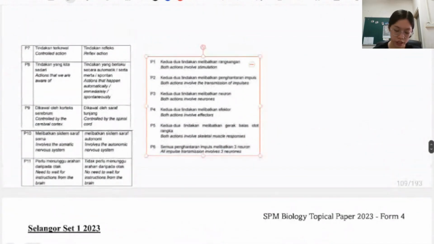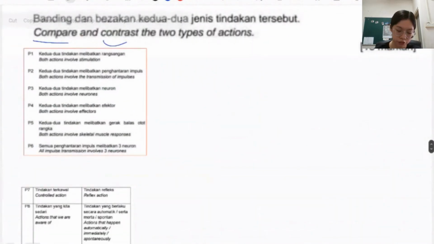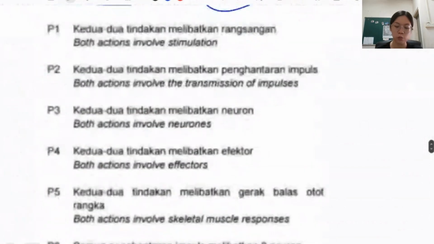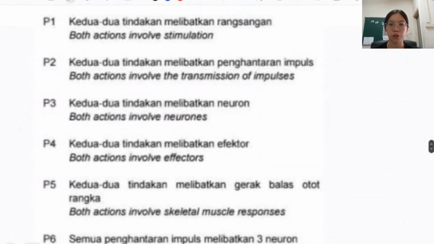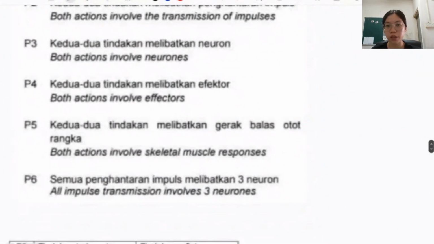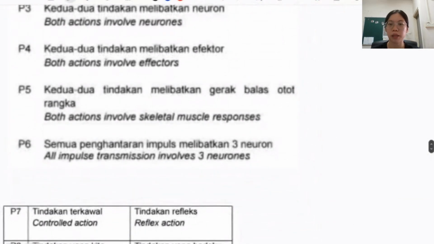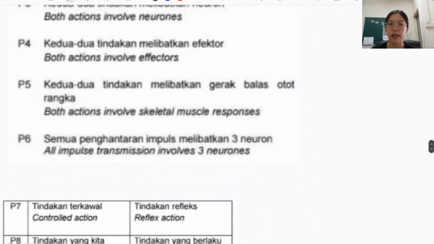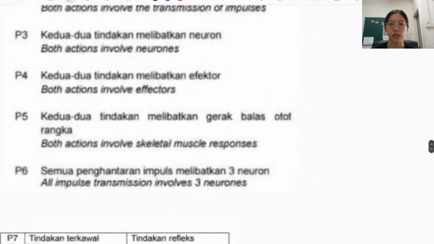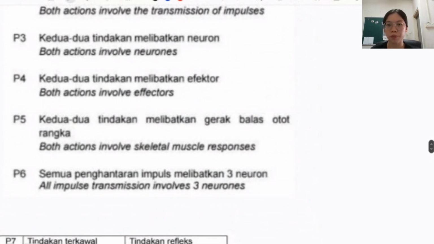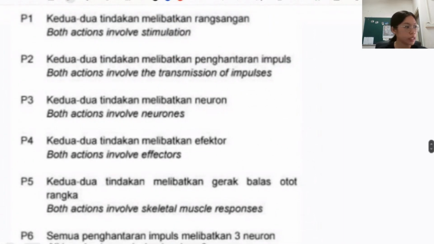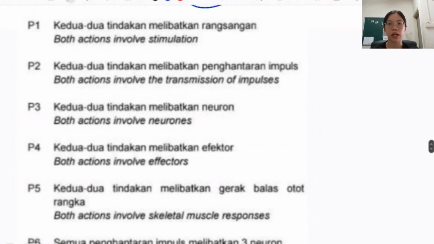So here are the similarities and differences. Both involve stimulation, both involve transmission of impulse, involve neurons, effectors, skeletal muscle response, and both of them involve three neurons. Only the knee jerk, which we learned, involves two neurons. And another tip: because you know that all of them involve the same things, you write them in separate sentences.